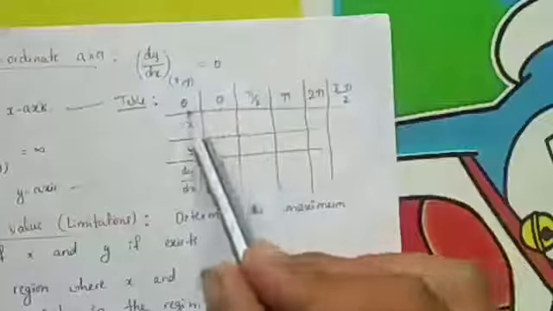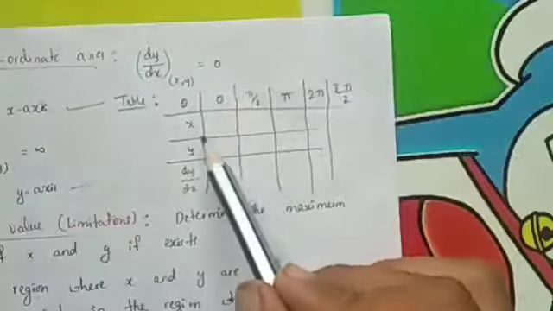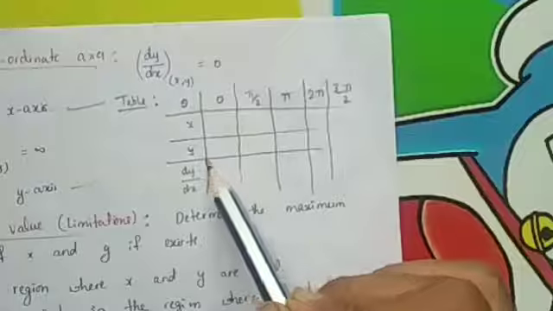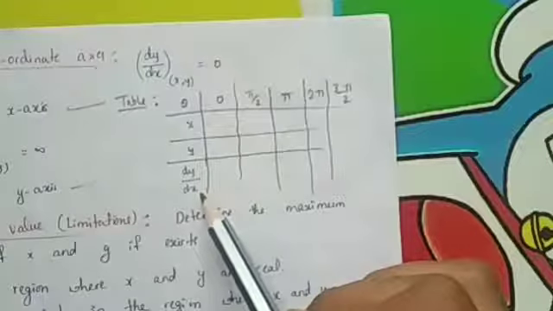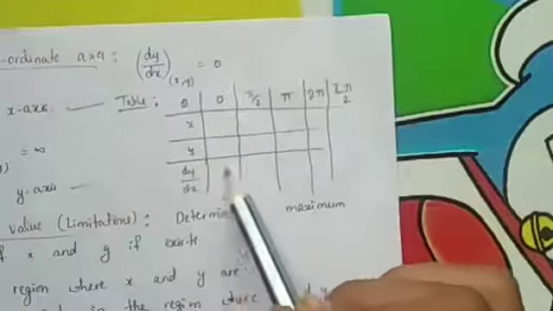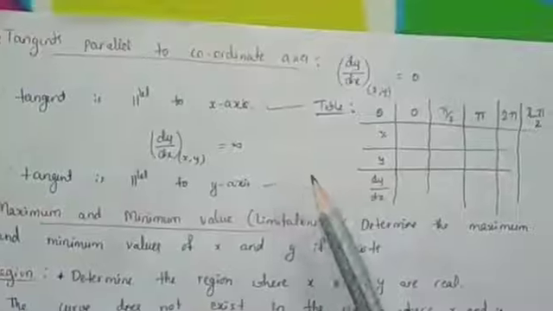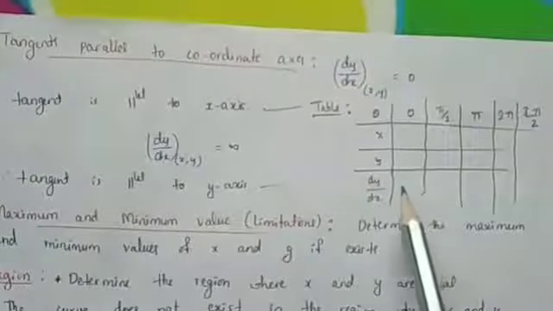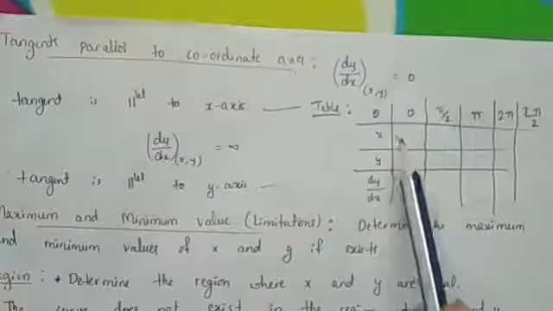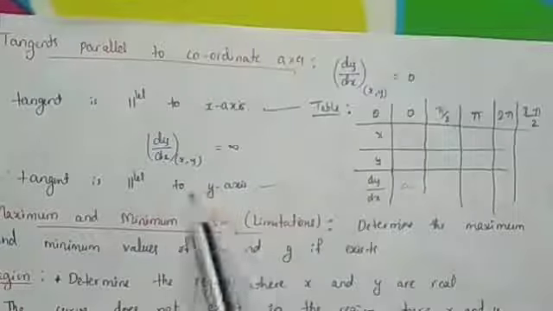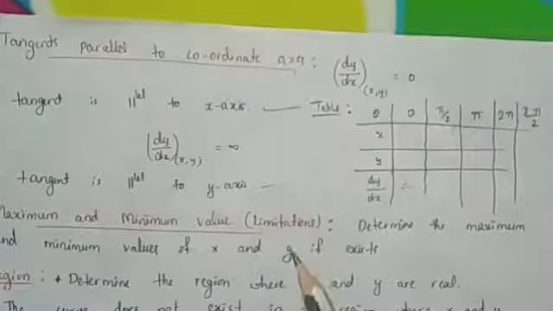For the corresponding value of theta, you get the x value, y value and dy by dx. The dy by dx at (x, y) is equal to 0, the tangent is parallel to the x axis. And you get dy by dx equal to infinity at (x, y), the tangent is parallel to the y axis.